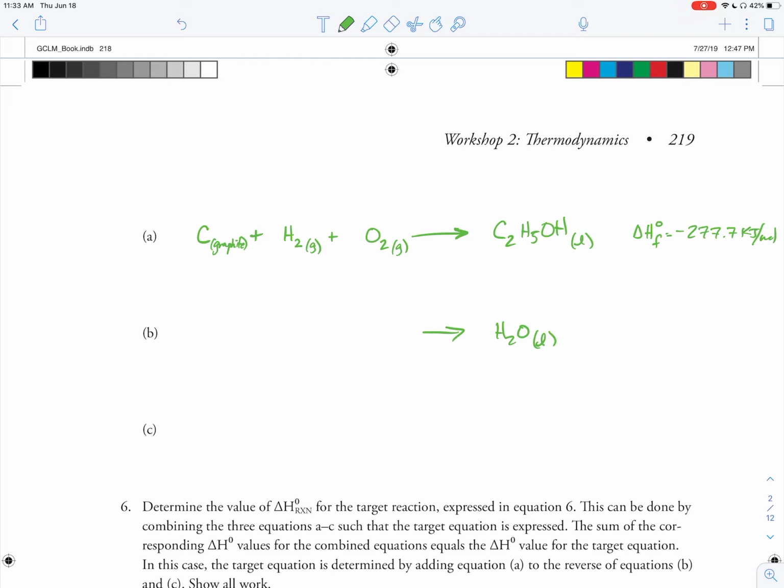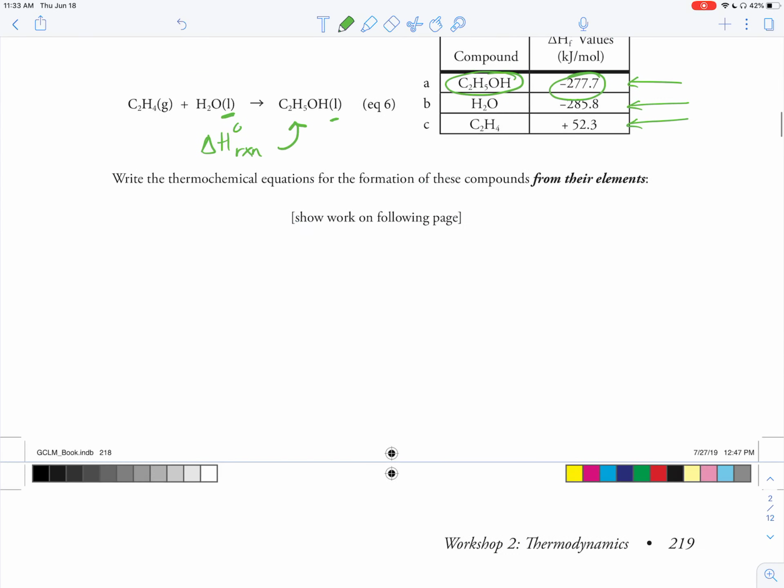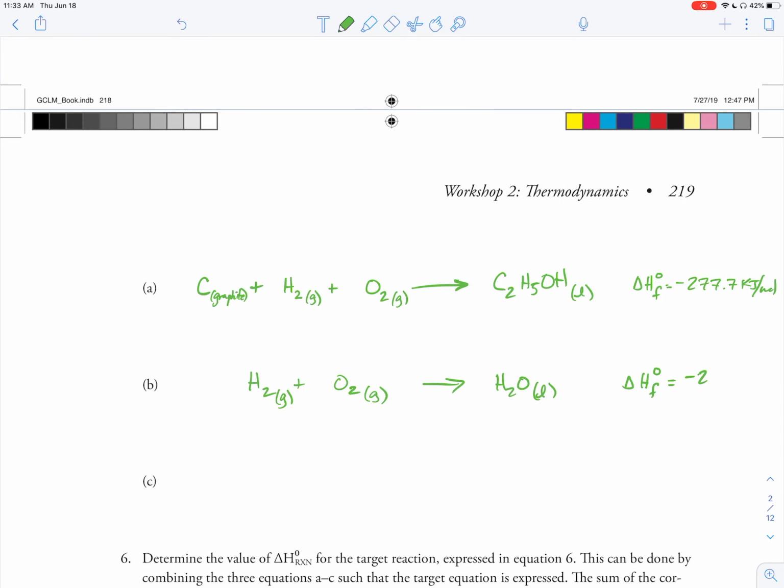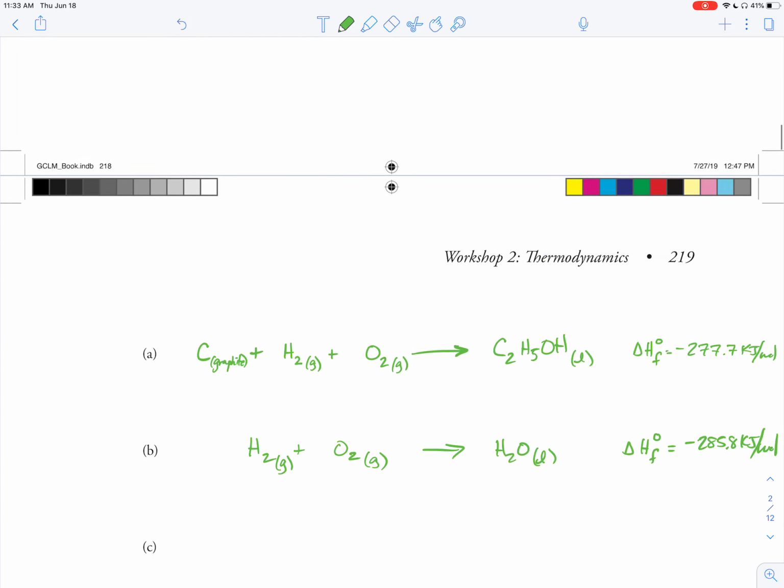And what two elements make up water? Well, hydrogen and oxygen. They are both going to be diatomic, and they'll be in gas form. Okay? And the delta H naught of formation for this is negative 285.8 kilojoules per mole.